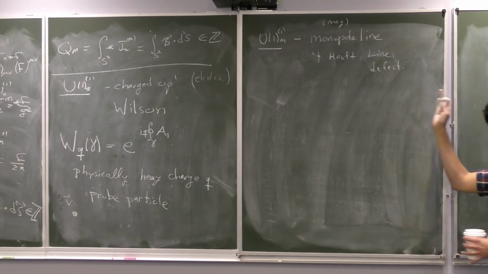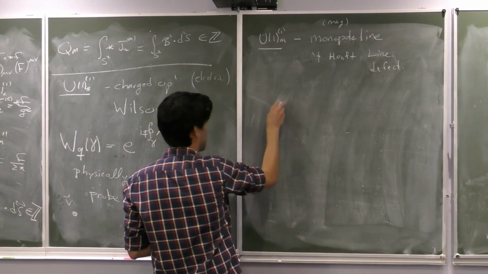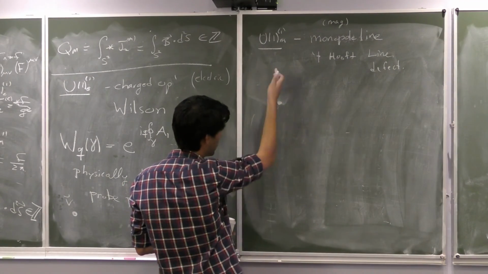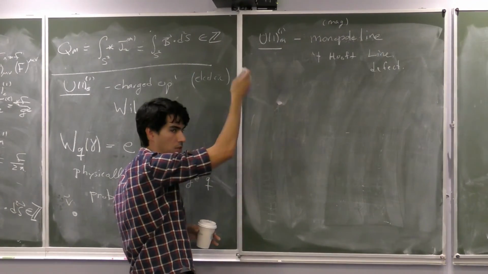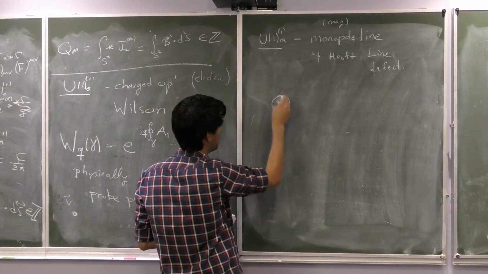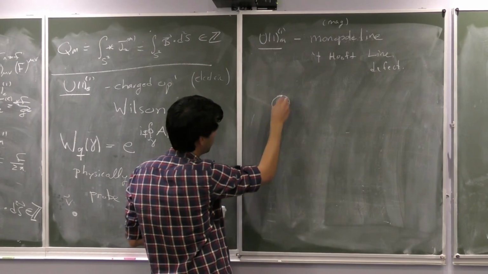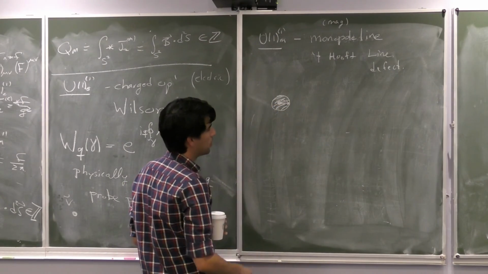The point is that it's a magnetic defect operator, and the way you define it is you pick a line really. You can think of it as stretching in time, so you pick a spatial point, and then you cut out some small ball around it, again with the size lambda, and you delete everything inside the ball.